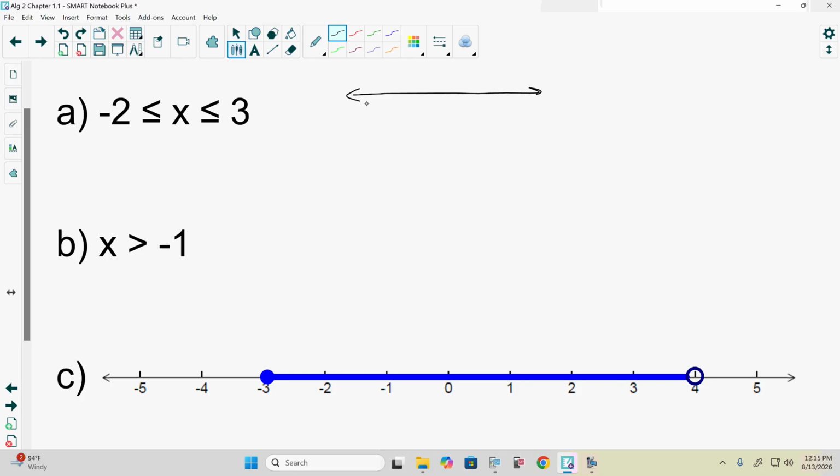we see here -2 is less than or equal to x is less than or equal to 3. How many endpoints do we have? 2. We got the 2 endpoints, yes? So that means it's bounded. So if we were to graph it, we would also have 2 endpoints at -2 and 3.